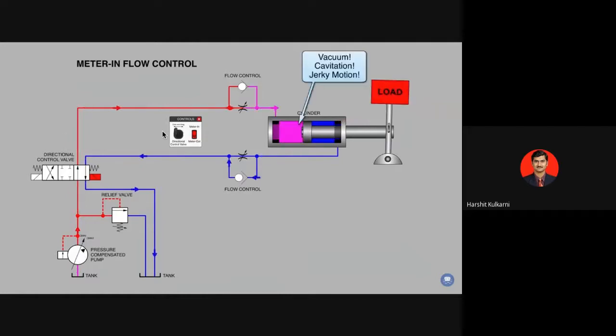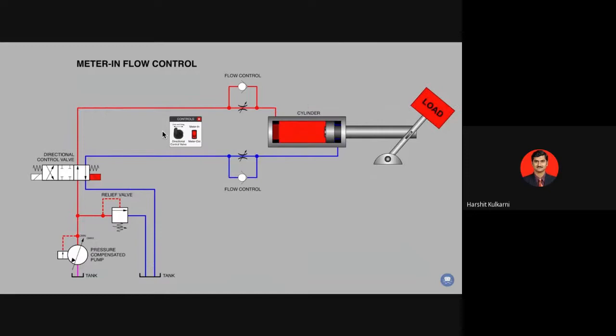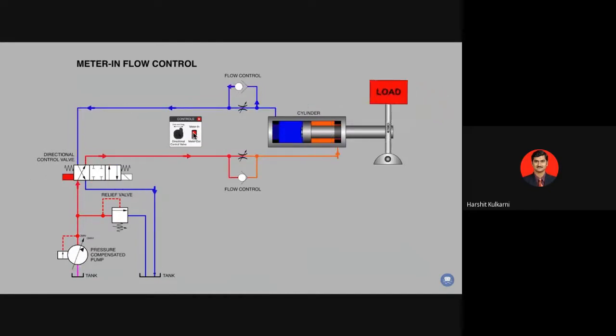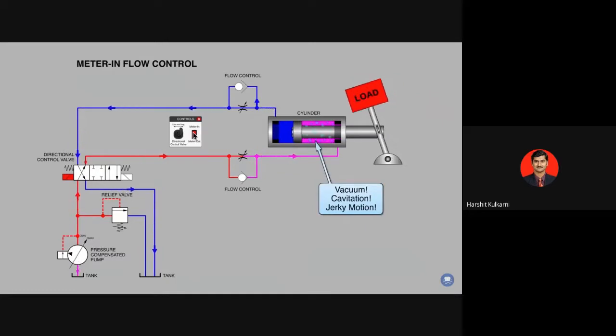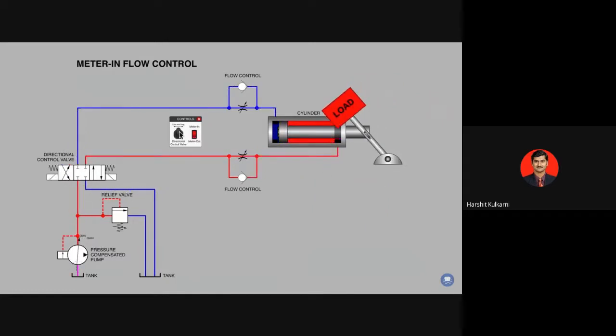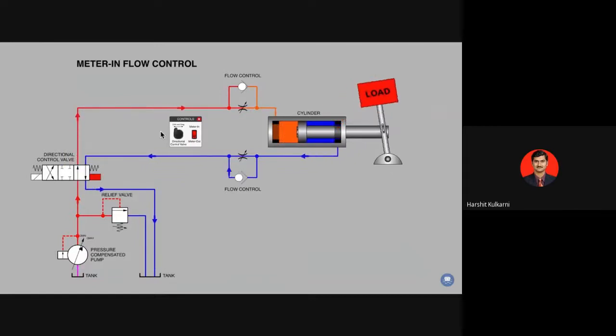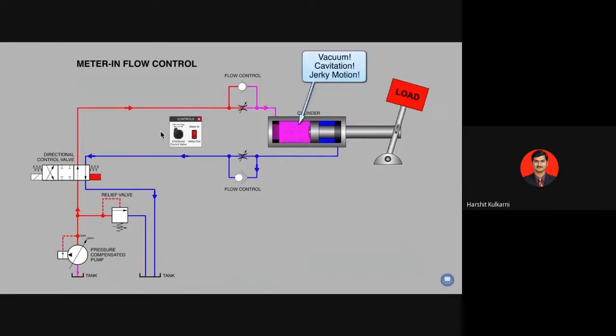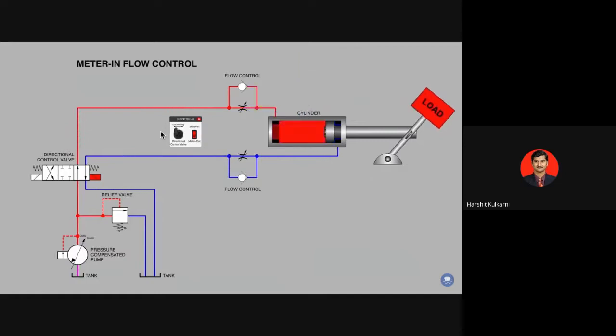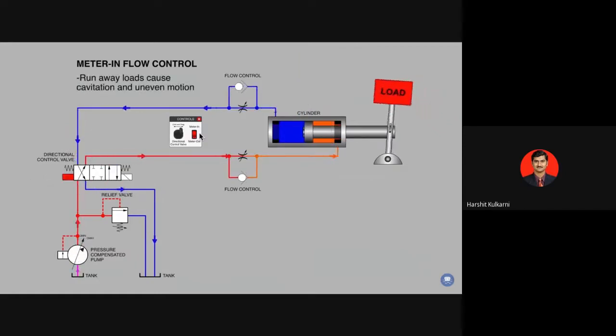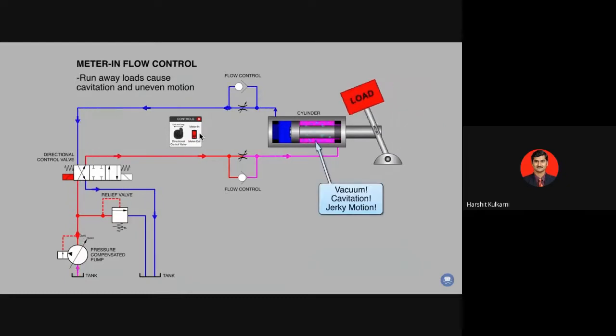It works well until the point at which the load goes over center, and then the cylinder rod is being moved perhaps a little faster by the load running away than the pump and valve can supply to the cylinder, hence the very uneven motion that we're seeing, and perhaps even the formation of some cavitation void in the cylinder. A very uneven motion with plenty of undesirable effects.